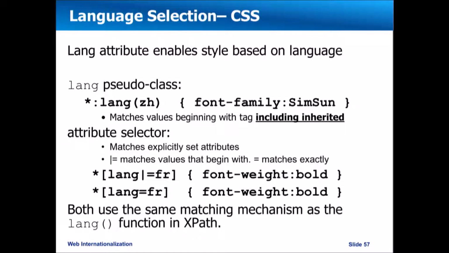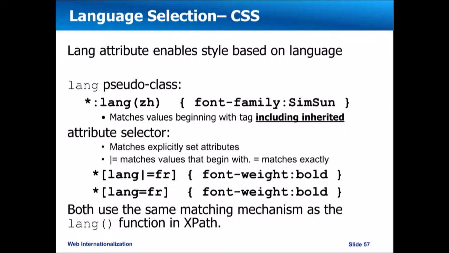Now, in your document, especially if it's a multilingual document, you may also want to set different language identifiers on particular sections of your document, particular items. And in CSS, you have 2 kinds of, I'll call them filters. One is a language pseudo-class.